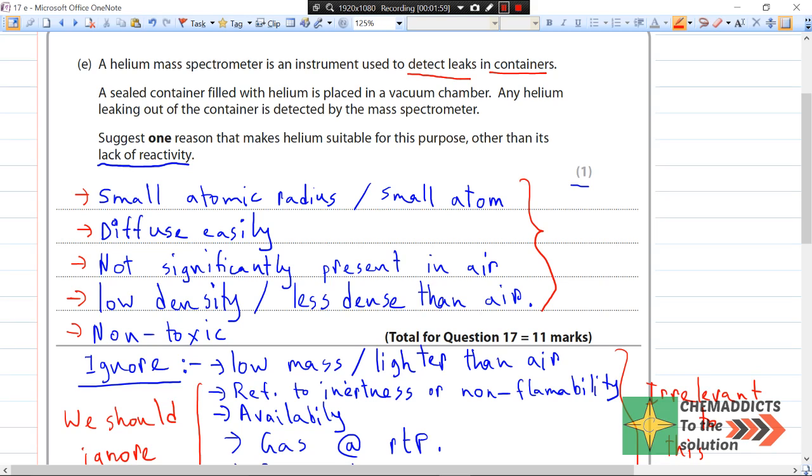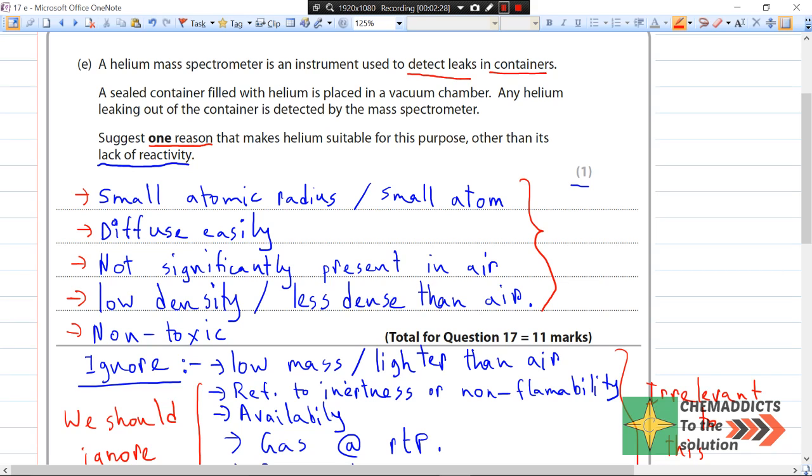Before going to the answer, let us discuss the question carefully. They have asked us to find one reason that makes helium suitable for this purpose, other than its lack of reactivity.